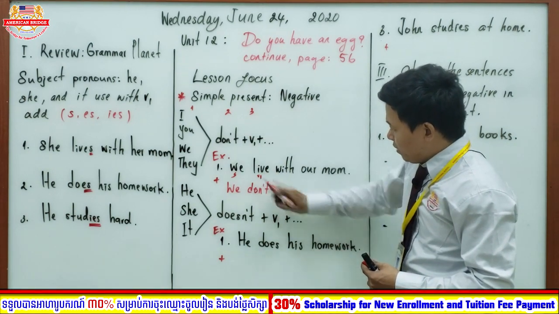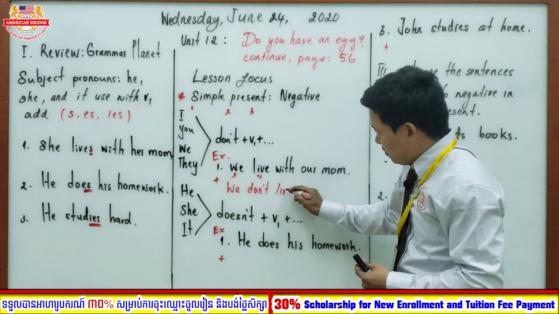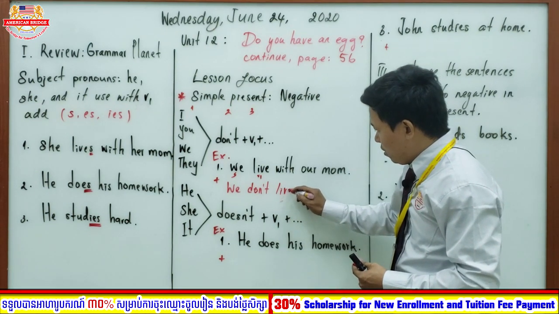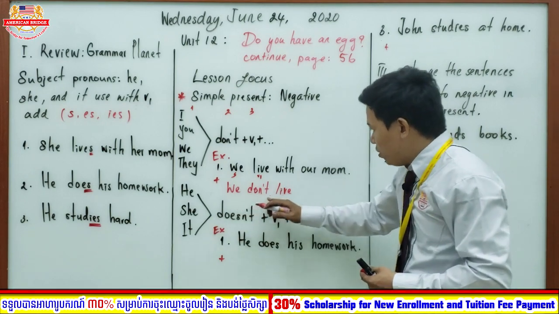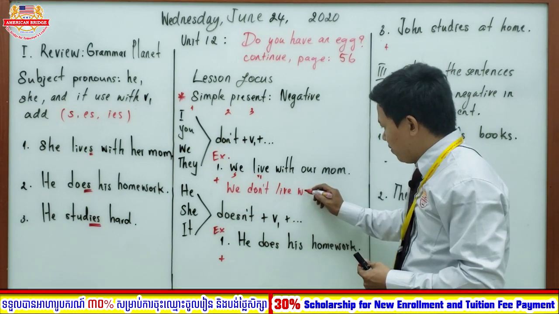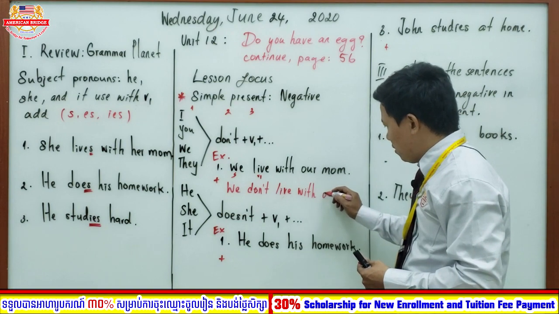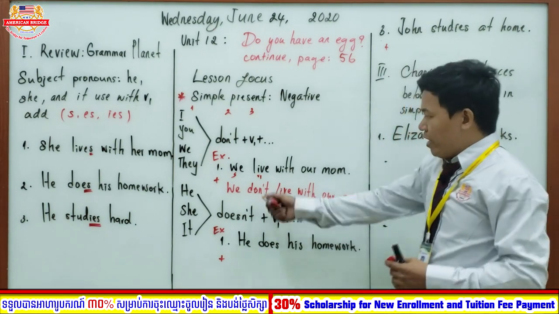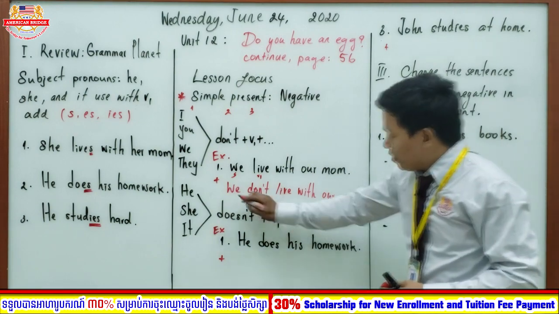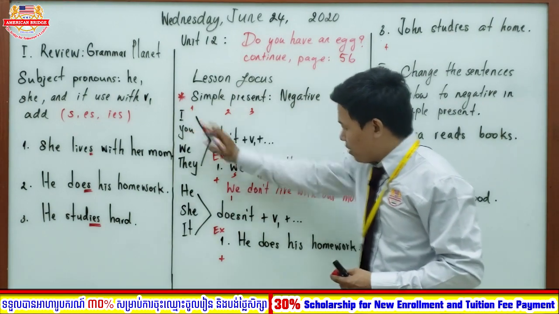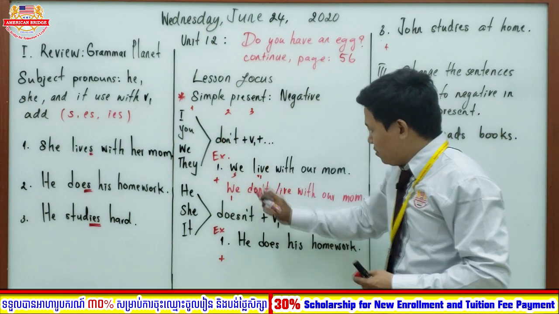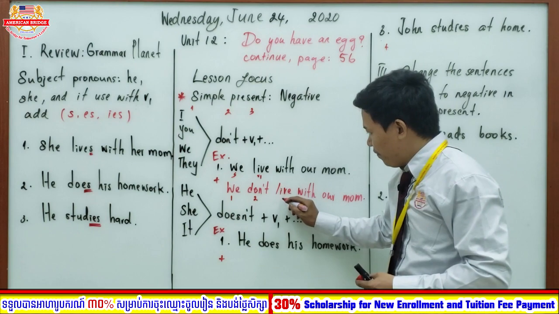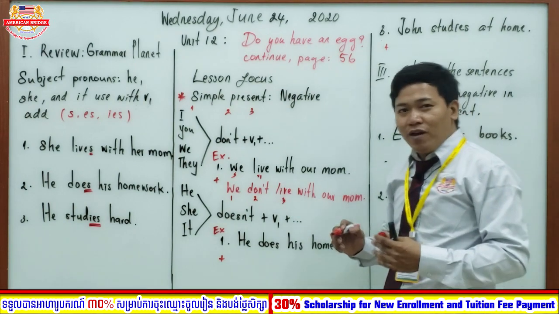You can write verb 1 next to the word don't. We don't live with our mom. So 1 is the subject pronoun, 2 is don't, and number 3 is verb 1, the verb live. Is it easy for you, everyone?